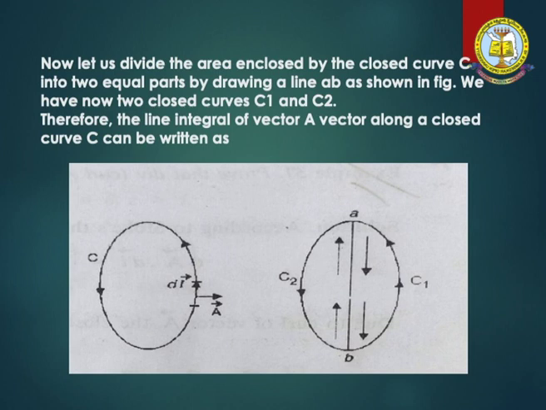C1 is the curve A to B, and C2 is the curve B to A. So, the line integral of a vector along the closed curve can be written as the integral of A dl is equal to the integration over C1 of A dl plus the integral over C2 of A dl.